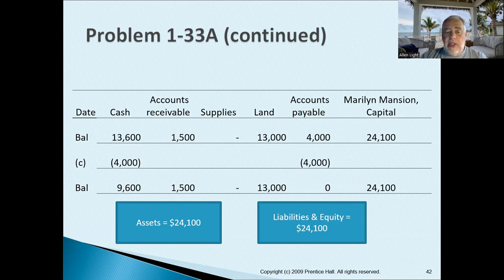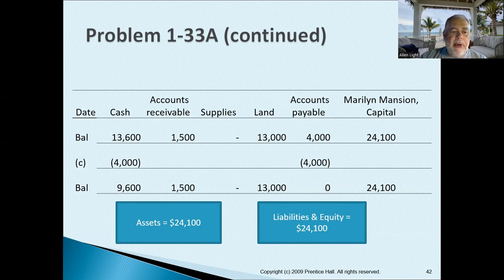So two things are going to be decreased. I no longer owe $4,000, so we're going to subtract $4,000 from my accounts payable. And I took $4,000 out of cash to pay him, so I'm going to subtract $4,000 from my cash, which was $13,600.